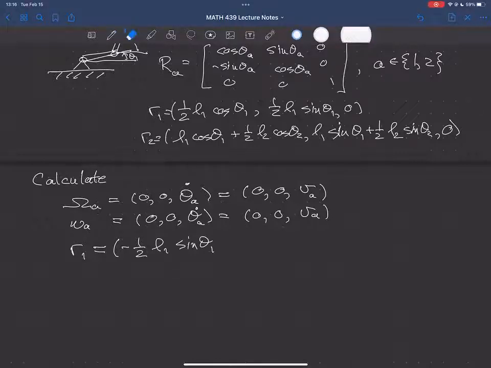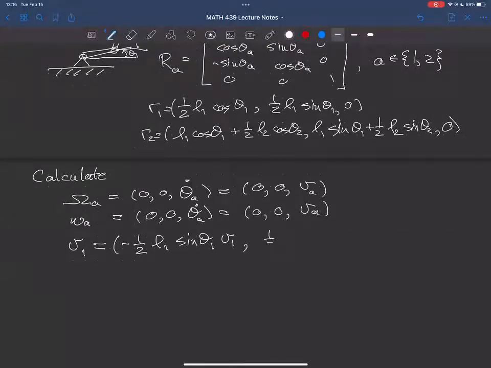So this is, sorry, not R1, it's V1. Okay, so you're differentiating with respect to time, so it's going to be theta 1 dot, and let me write that instead as V1. Okay, and then here I'm going to have 1/2 L1 cos theta 1 V1, 0.